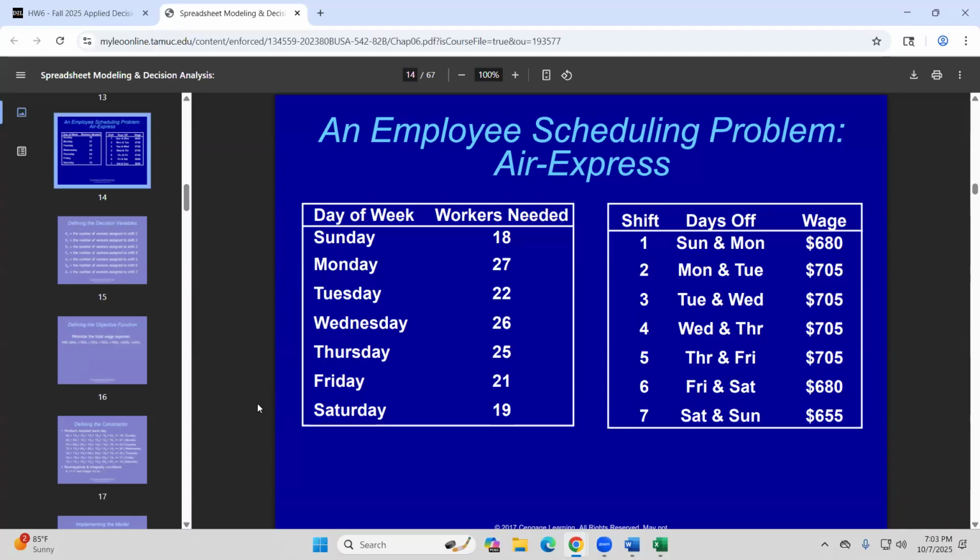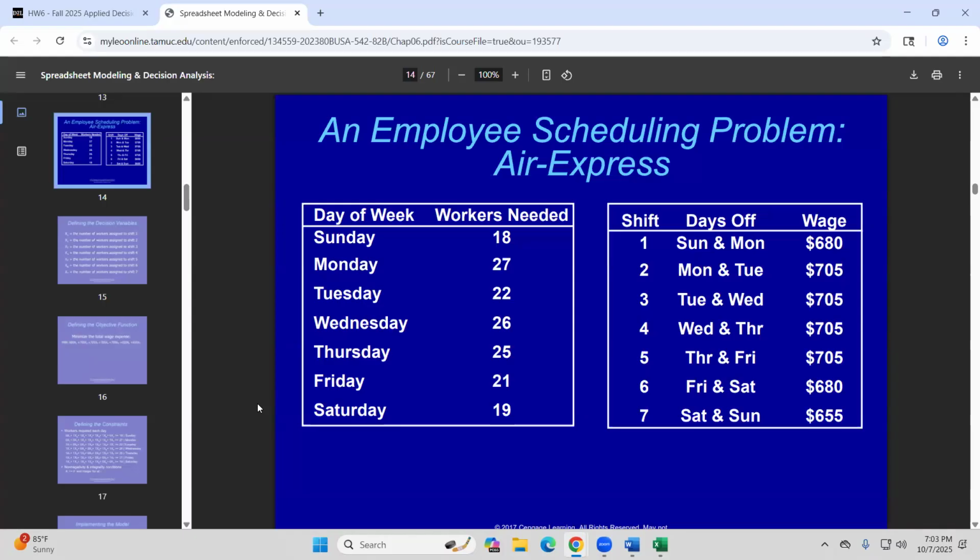For example, those who work in shift number 1 take off on Monday and Sunday, right? Makes sense? Then their wage is $680, and the same thing for the rest of the shifts, shift number 2, 3, 4, and so on.